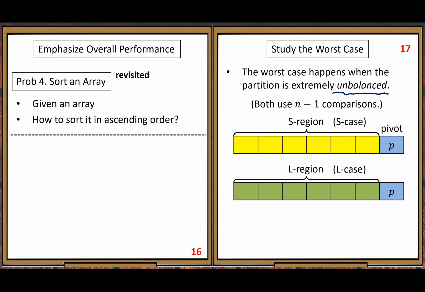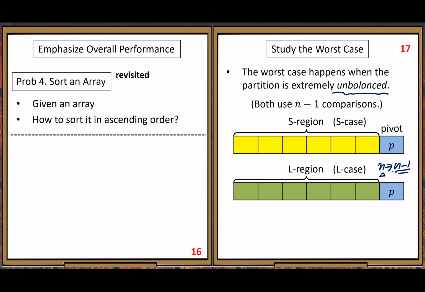And you can see, we use n-1 comparisons. The problem is actually like this. After these comparisons, the size reduction is minimal. The size reduces from the original n data items to n-1.